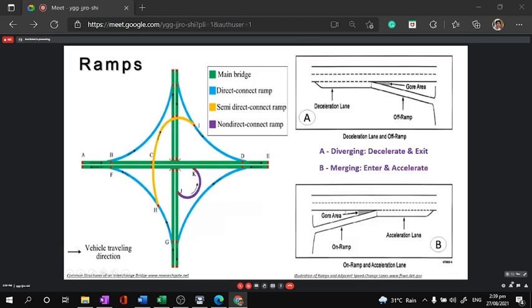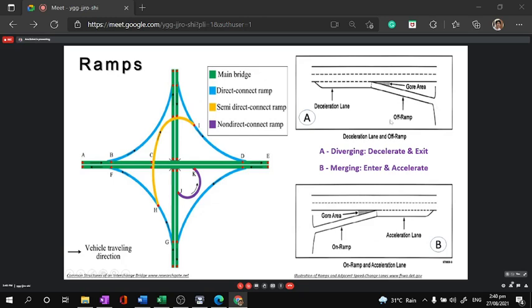Okay. In an interchange, we know fully that there is a ramp, and therefore we call that traffic diverging or merging. From your main road, you want to exit, so you slow down here, then go down. We call that an off ramp because you go down to a lower elevation. So this is developed by the gore area. It's a triangle with an angle so that you can at least safely maneuver going down the ramp.